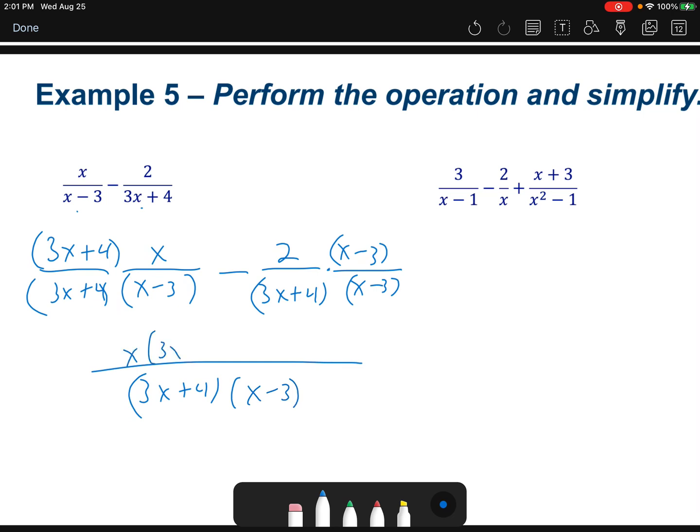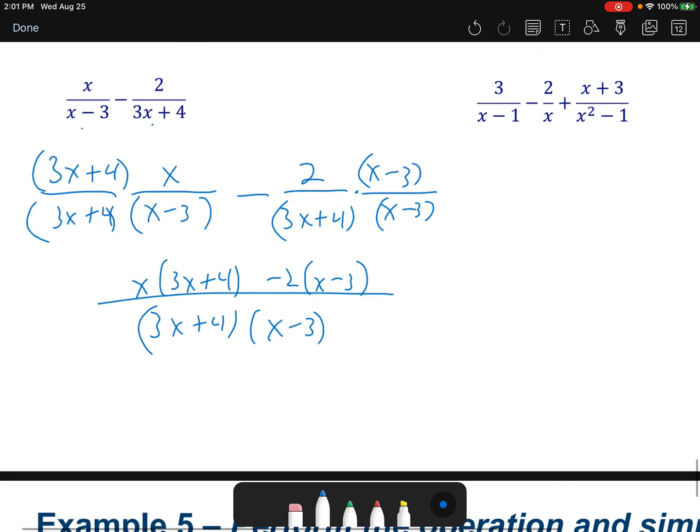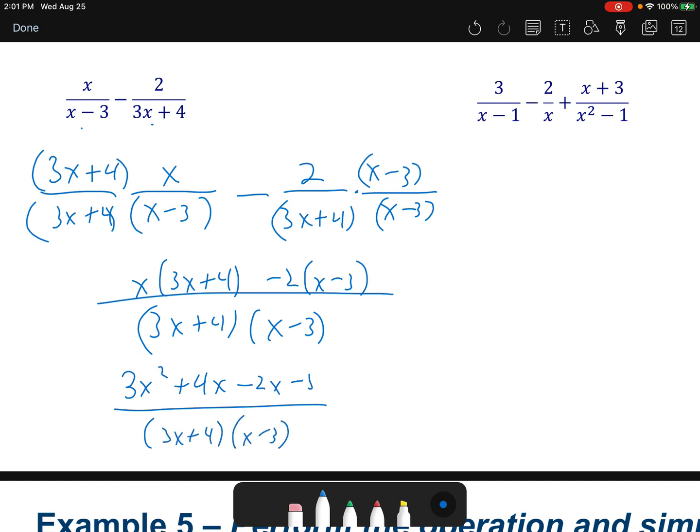And then in the numerator, we would have that. Now what we have to see is, if we expand this thing, will it factor? So 3x squared plus 4x minus 2x minus 3 over all this business down here.